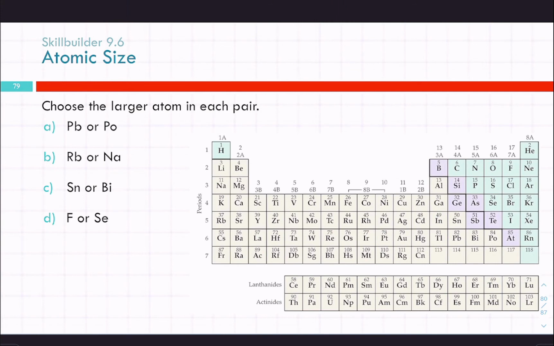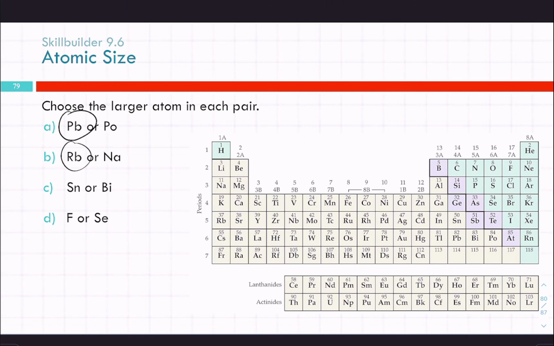Okay, so for lead and polonium, which atom is larger? Lead. Lead's closer to cesium. Lead is larger. If we have rubidium or sodium, which one's larger? Rubidium. And these are exactly like the kind of question that I would ask on an exam.